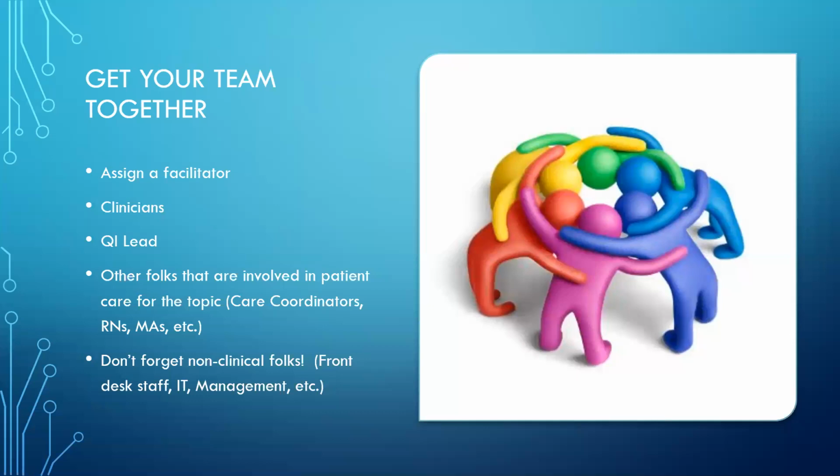Don't forget about other folks that are involved in patient care, your MAs, your care coordinators, and other people who really touch the patient, because they can have some key insight that may otherwise be missed. And the same goes for your non-clinical folks. You could be surprised how much information your front desk staff, IT, and even your leadership can have about a certain problem that you may not otherwise have recognized. So I really recommend having a good team getting together, and as you go through this, it will really help to inform the process.